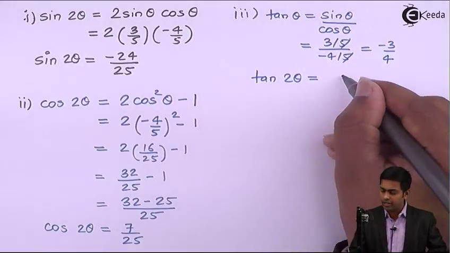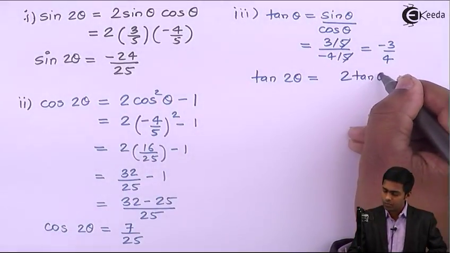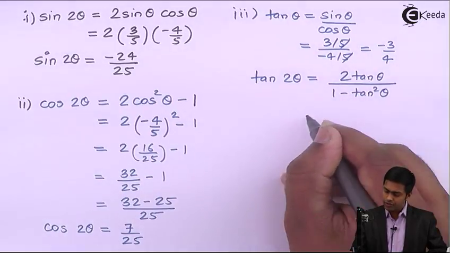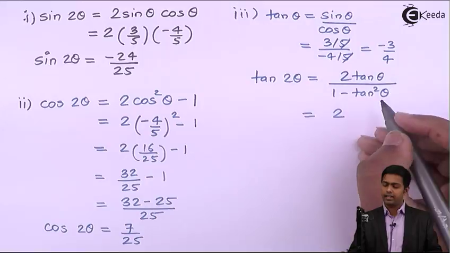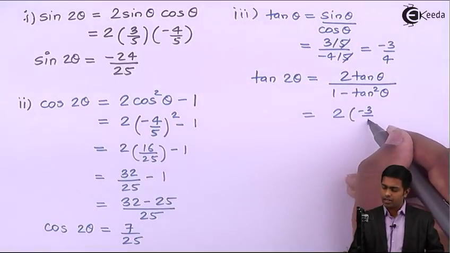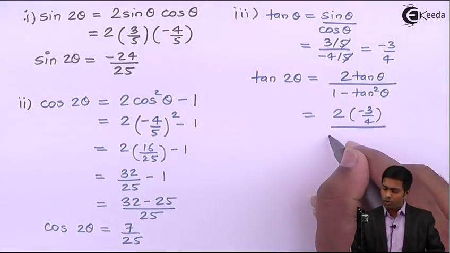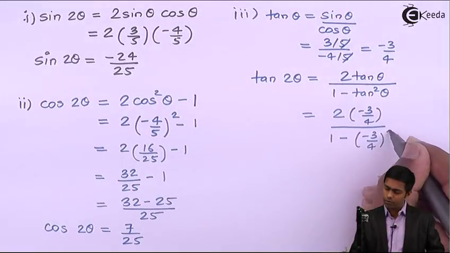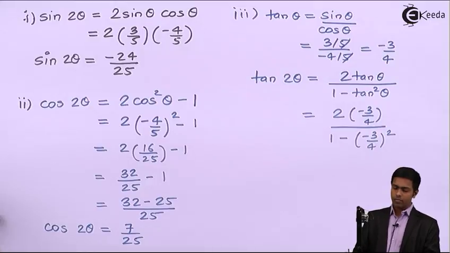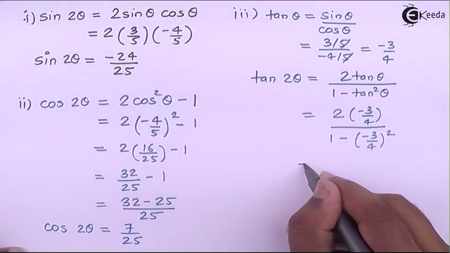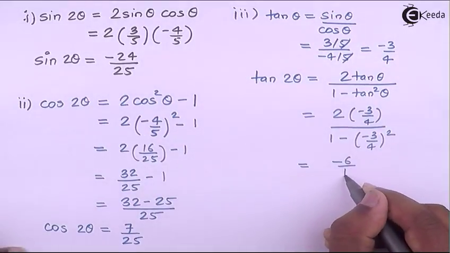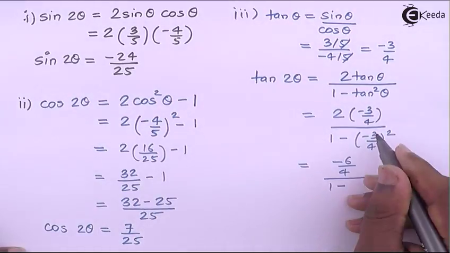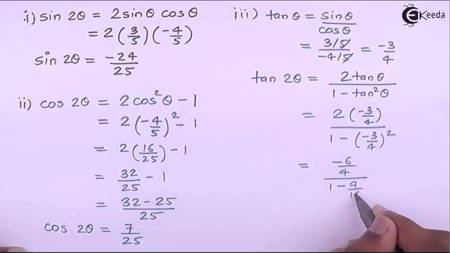So tan of 2 theta is 2 tan theta upon 1 minus tan square theta. So this is 2 times tan theta, which is minus 3 upon 4, whole upon 1 minus 3 upon 4 the whole square. So this will give us minus 6 upon 4 whole upon 1 minus 9 by 16.